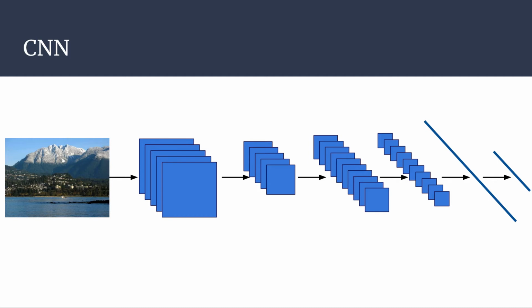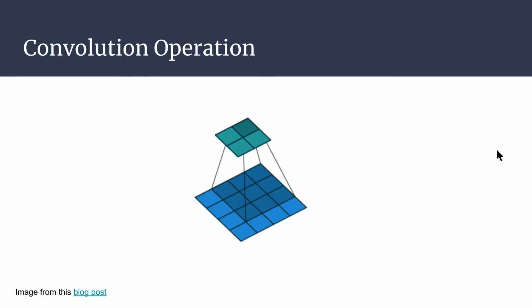So if you think of the image as being a two-dimensional array, what you do is you define a filter, which is that little darker box down the bottom there. Then for each of the pixels that overlap with that filter, you multiply the value in the filter with the value in the pixel, and then you add all those up, and you get a result up in the top here.